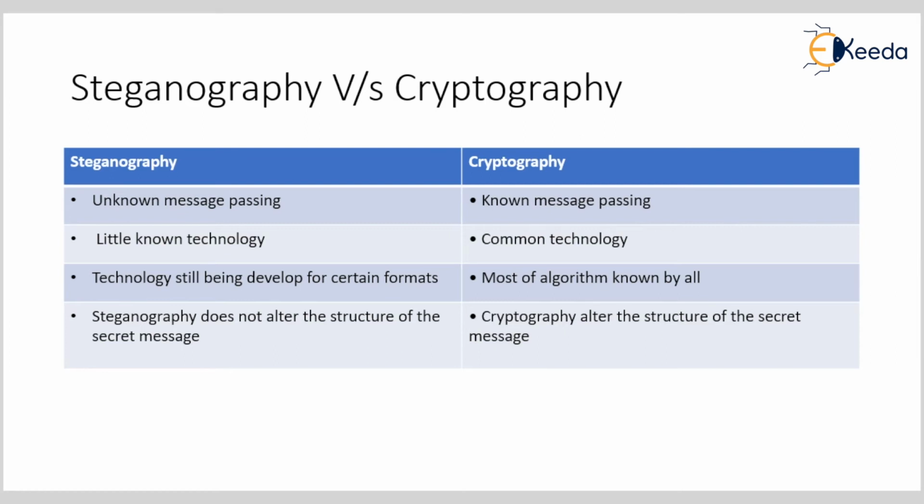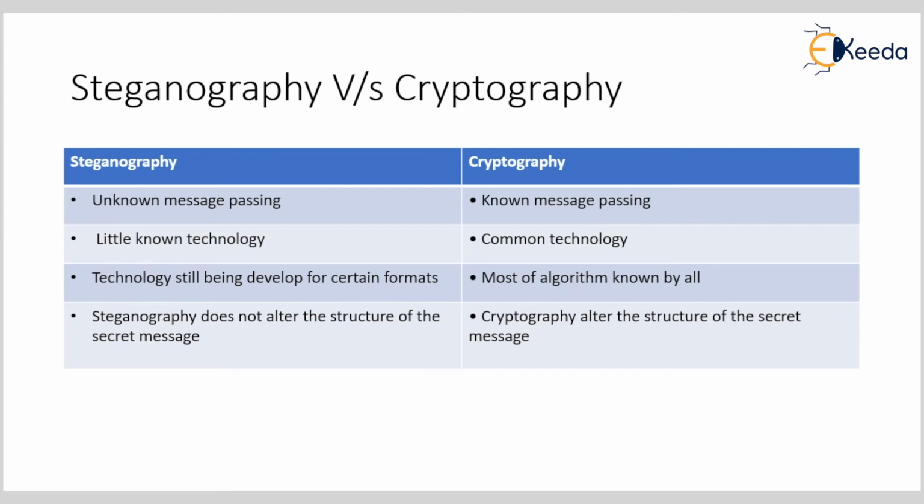So whatever data we are hiding, we hide with the unknown message before passing it to the network. Here within cryptography, we do know the message passing, because we do know the shared key. We do know which encryption algorithm we are utilizing. The shared key is shared between the sender and the receiver, so it is a known key, and the same key is used for the encryption and the decryption.